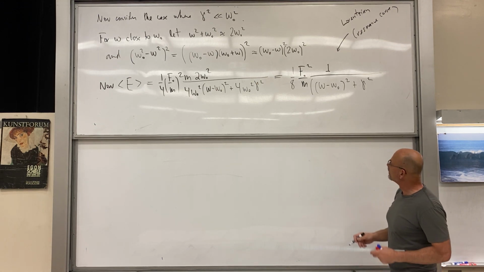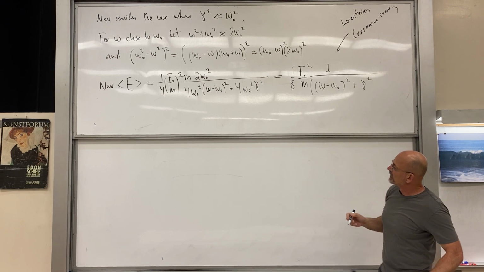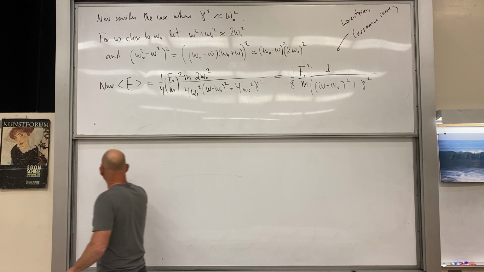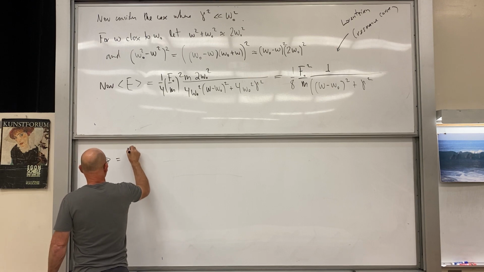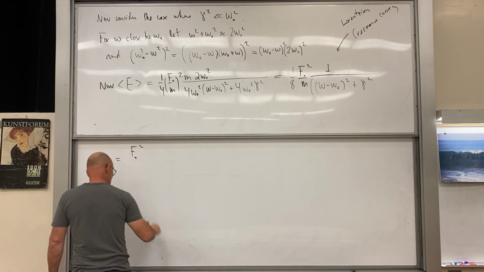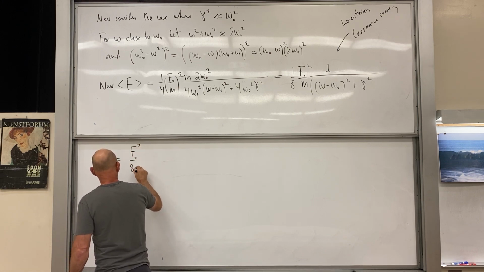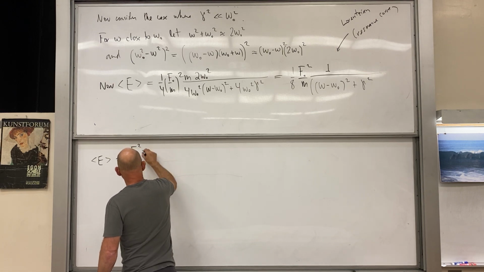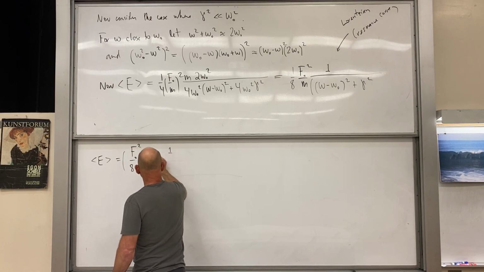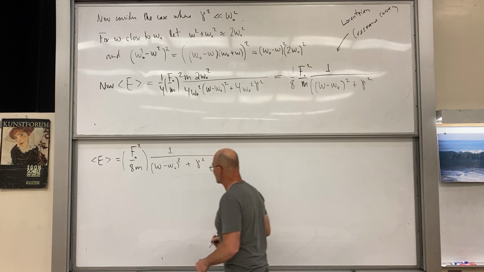Gamma was small, and what this is really showing is the behavior near the resonance. Okay, so let's go ahead and do a graph, but this we can write down. We have f naught squared divided by 8m, and then we have 1 divided by omega minus omega naught squared plus gamma squared.